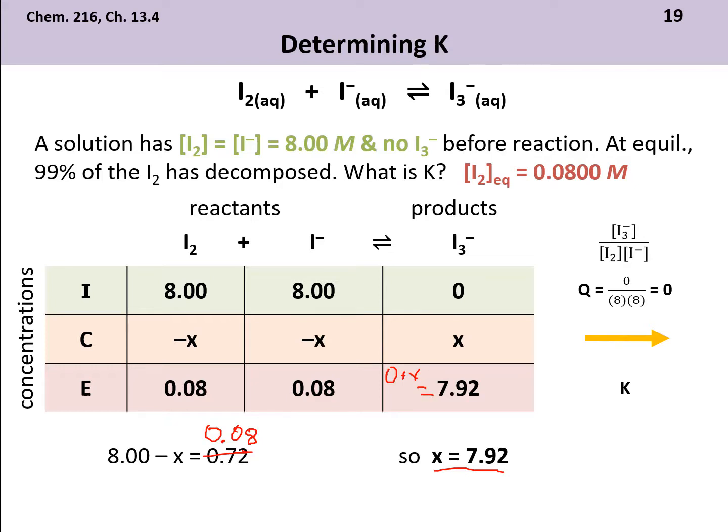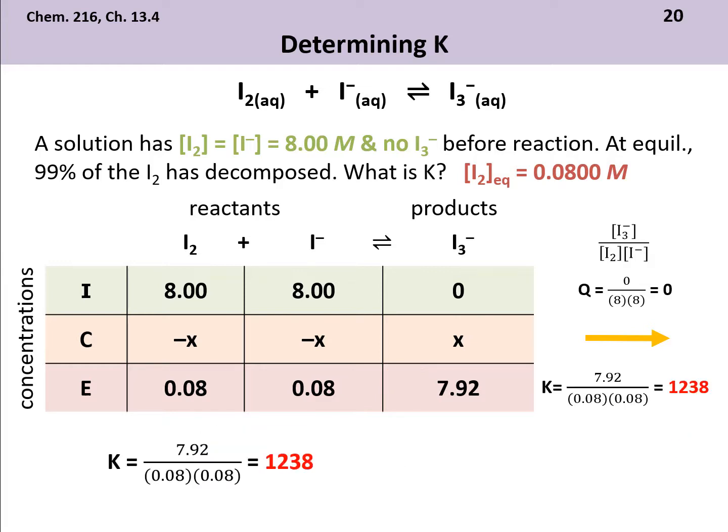Okay? Now what can I do? Well, now I can go ahead and plug these in for my K. Because my K is going to be I3 minus, that's 7.92, over 0.08 times 0.08.